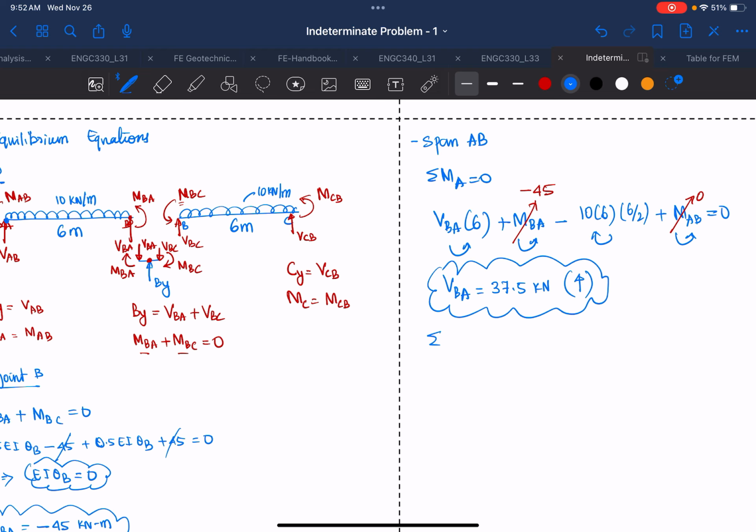And now if we take the summation of all the y equal to 0, it will be VAB plus minus 10 into 6 plus VBA is equal to 0. Finally, you can find VAB: if you put VBA as 37.5, that will be 10 into 6 minus 37.5, and that will be 22.5.